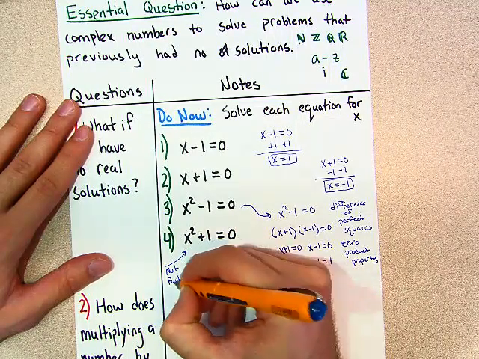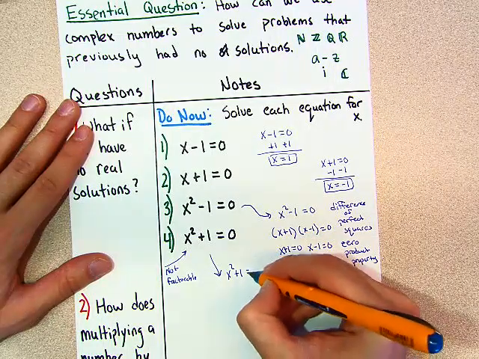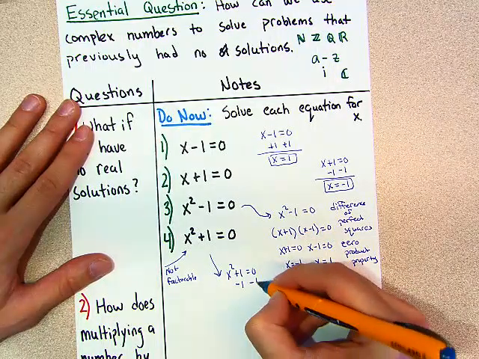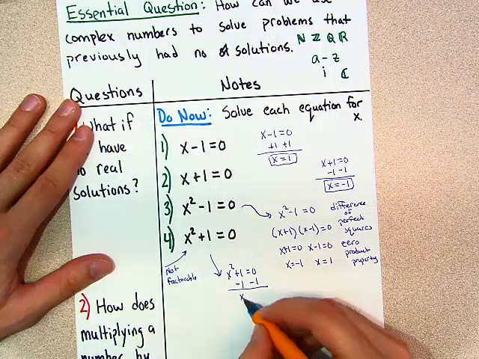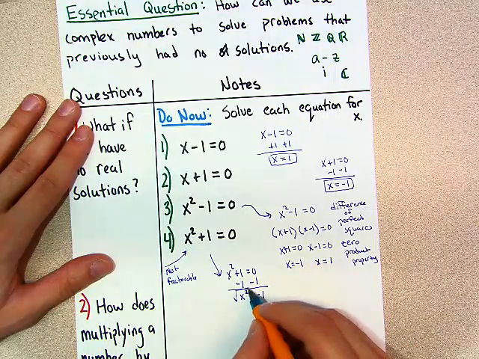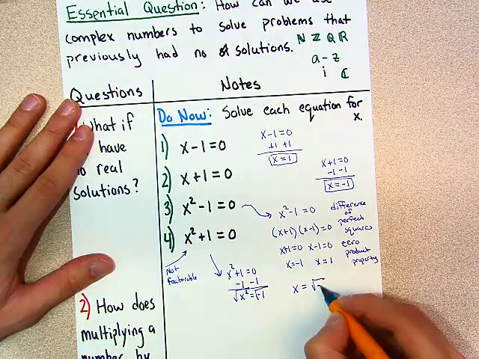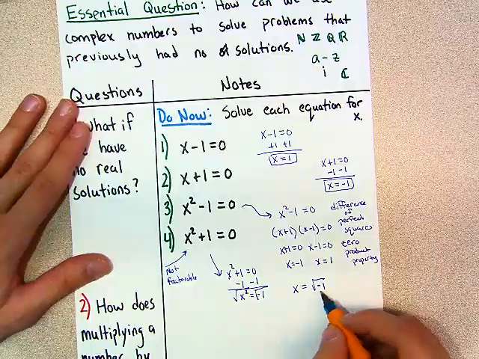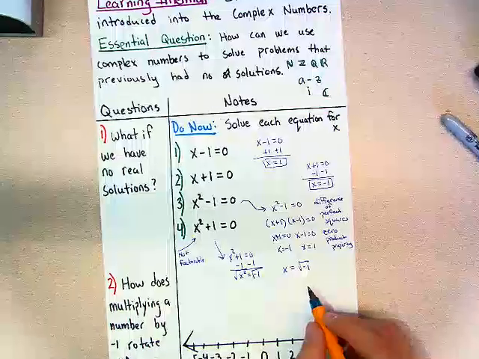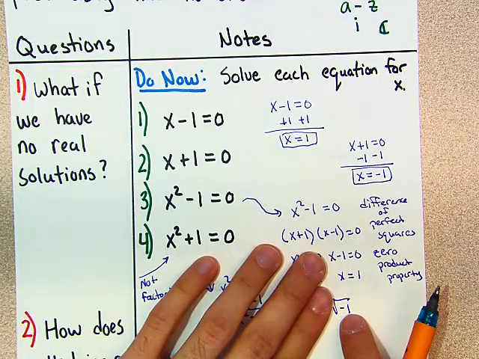So if we try and just solve this, x squared plus 1 equals 0, if we subtract 1, you get x squared is equal to minus 1. And then if you take the square root of both sides, you're saying x is equal to the square root of minus 1. But this number doesn't exist. You can't take the square root of minus 1.